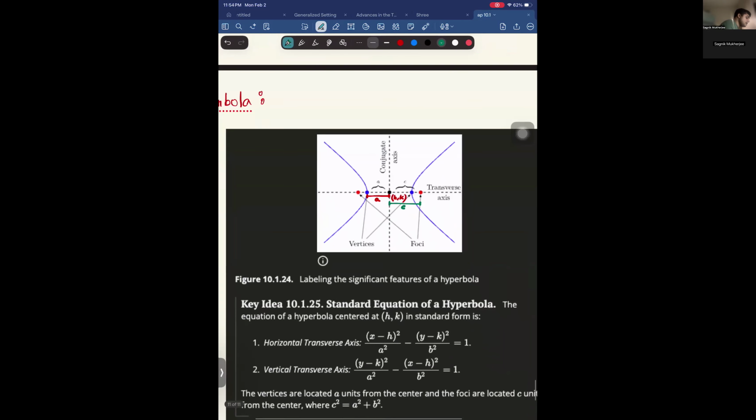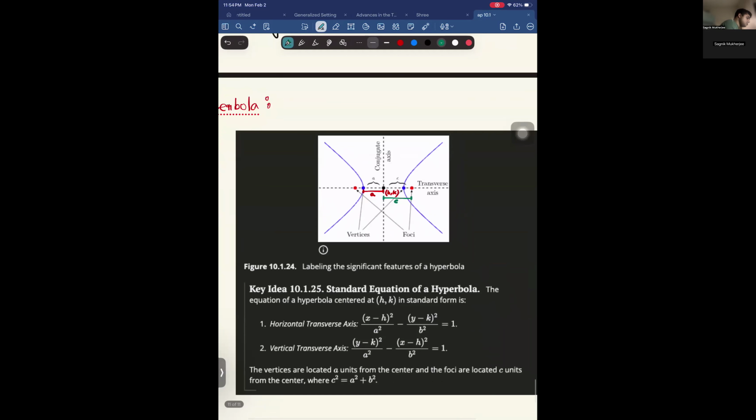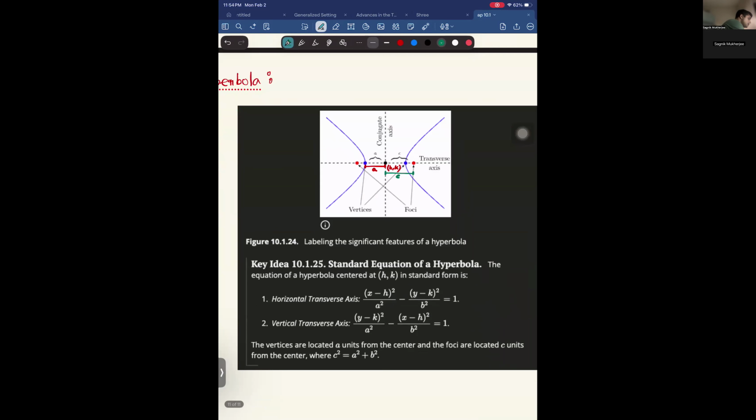Okay. And we have this relation: c squared equals a squared plus b squared. So if the transverse axis is horizontal, then the equation is this. If the transverse axis is vertical, the equation is this.